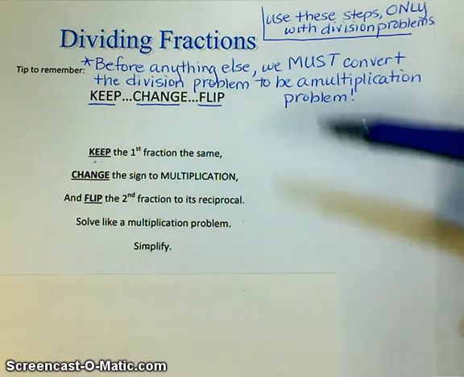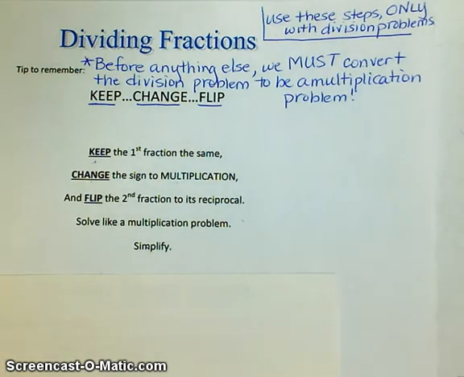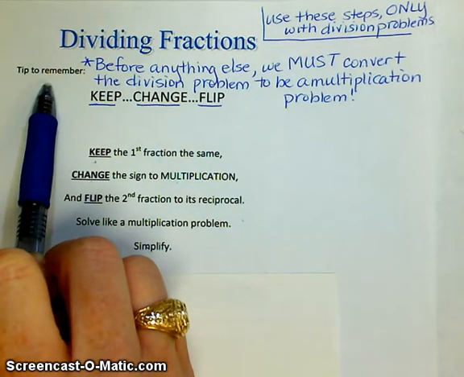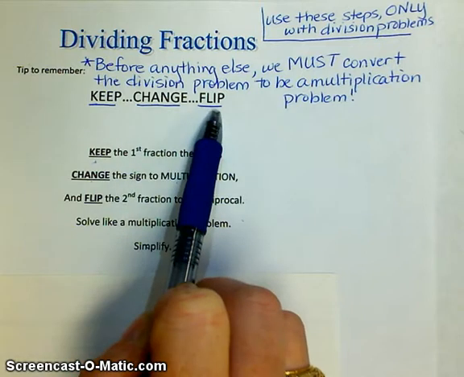And what I want you to remember before anything else, before we do any math, the first thing that we have to do when dividing fractions is convert that division problem to be a brand new multiplication problem. And these are the clue words that I want you to remember: keep, change, flip.